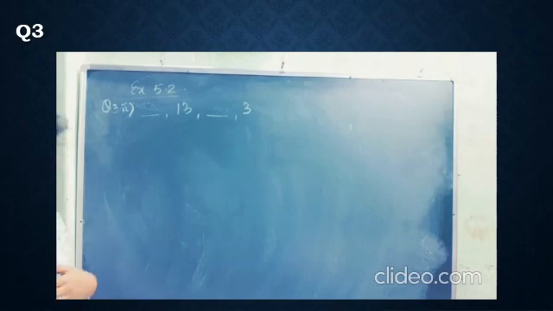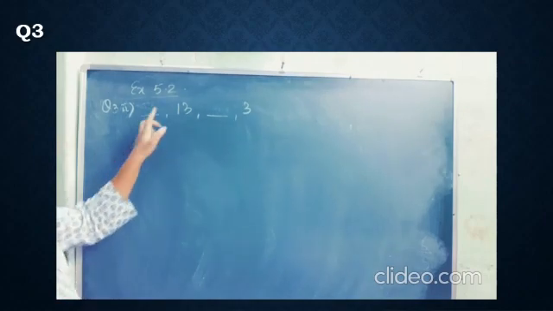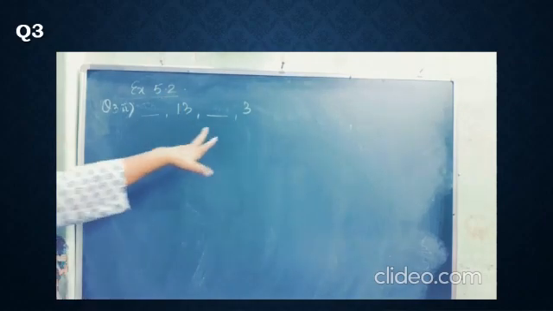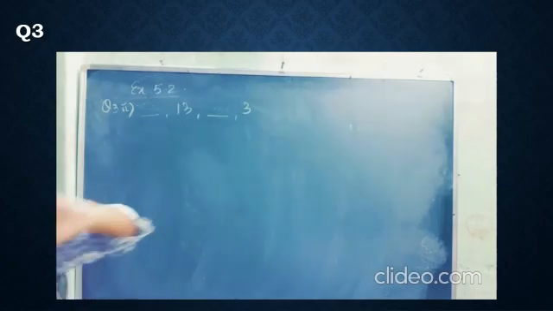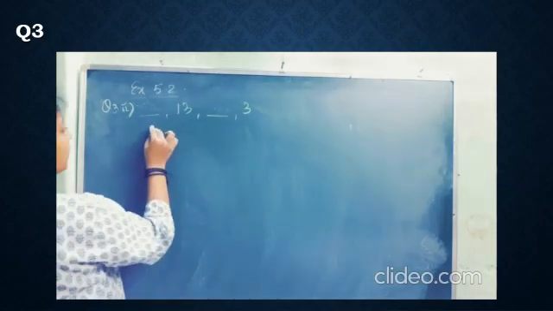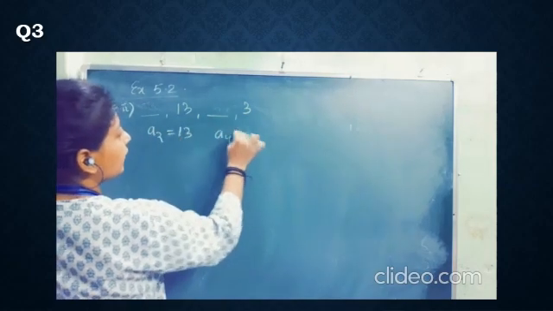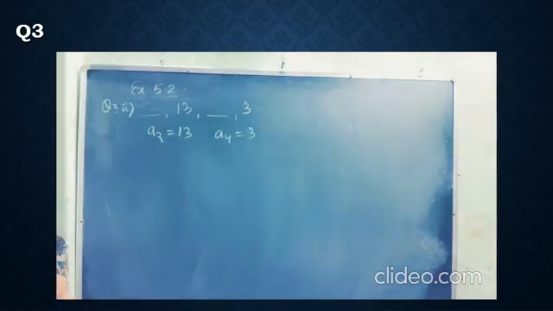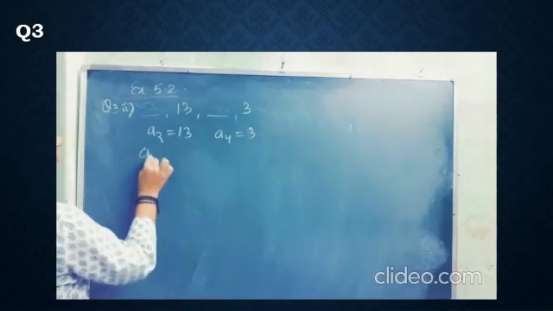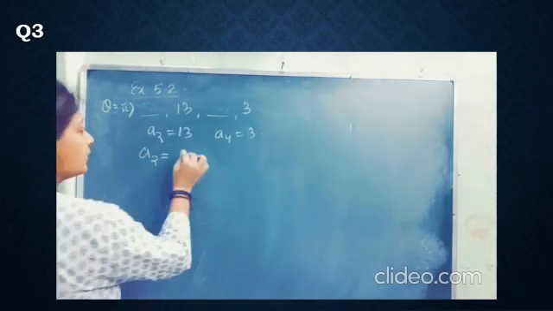In the next part, the first term is not known, the second term is 13, the third term again is not known, and the fourth term is 3. So I can write a2 as 13 and a4 as 3. Again, we can write a2 as a plus d.